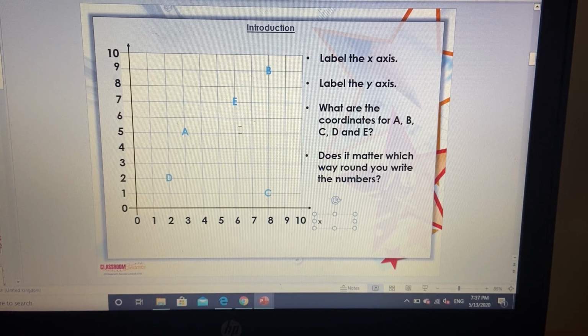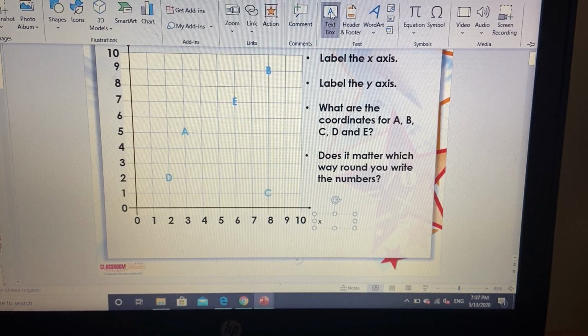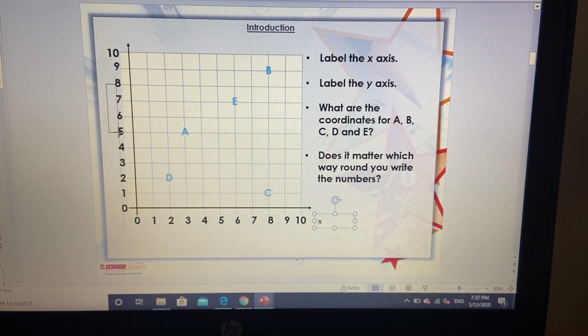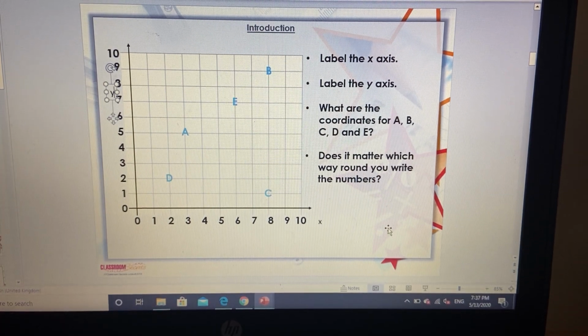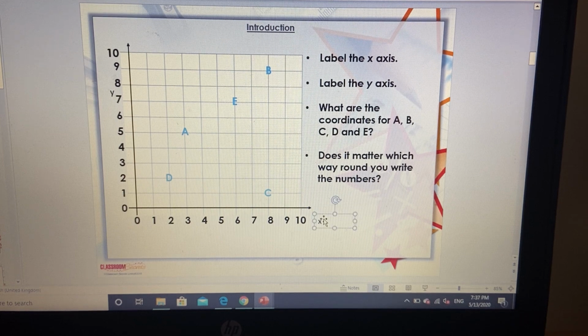It then asks me to label the y-axis. Well, the y-axis is this line here that runs up the side. So again, I can insert a text box and add a y in there. And there you have it. I've labelled my two lines.